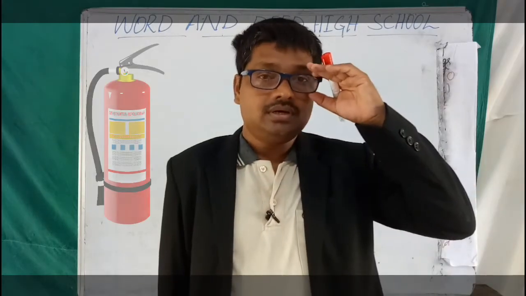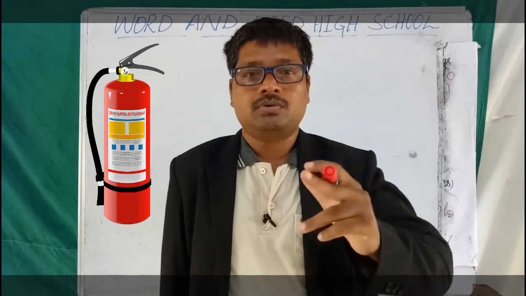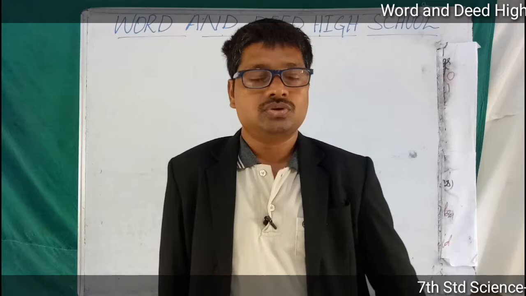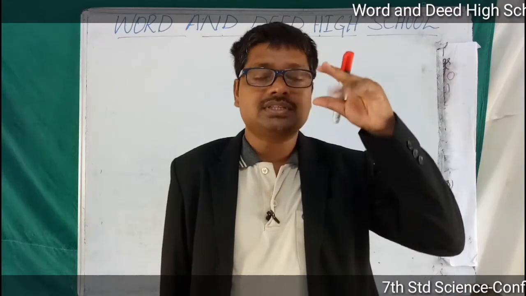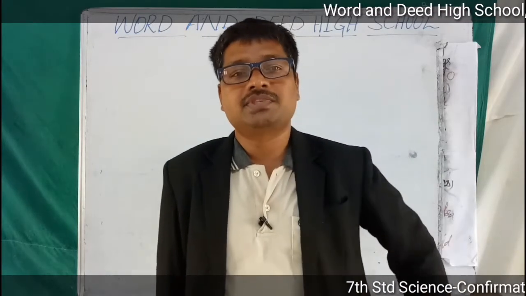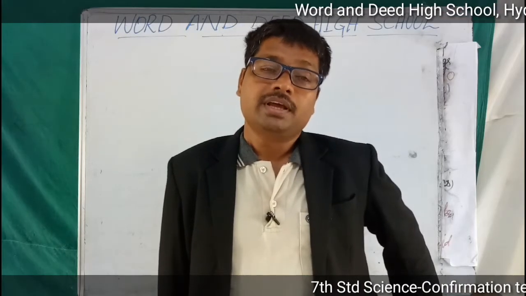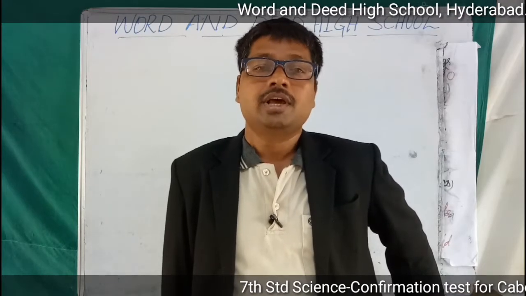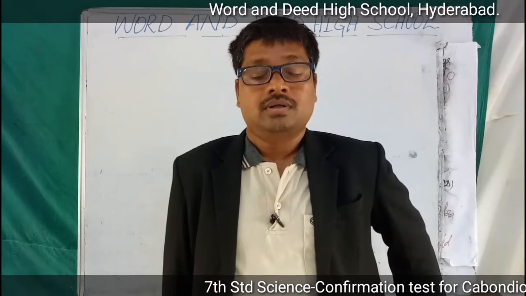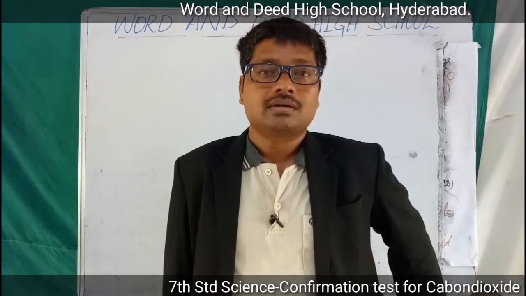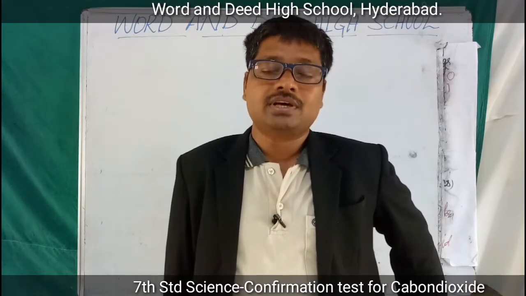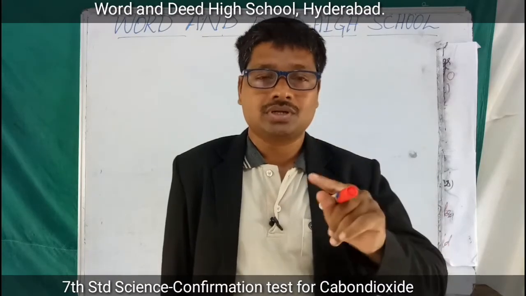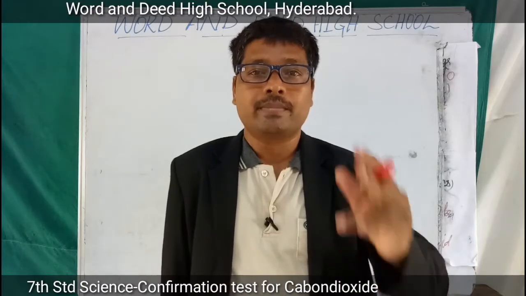So students, this is all about acids reacting with other substances and producing other substances. Another thing you need to understand: did you ever observe the inner sides of utensils or vessels made of brass or copper? If you observe keenly, you will notice a blue-green layer on the surface of copper or brass.